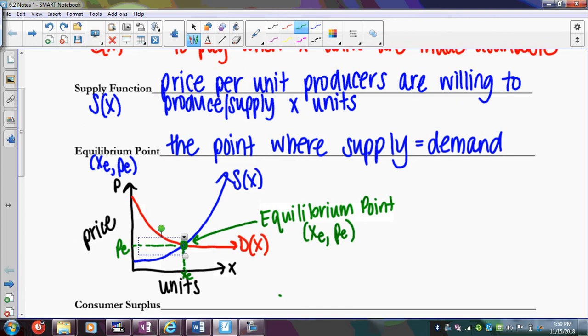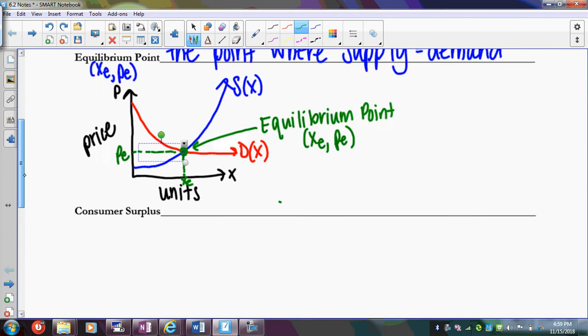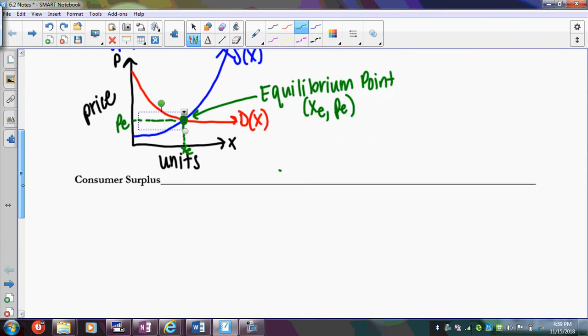So if we start talking about consumer versus producer surplus, consumer surplus is when the consumer benefits. So it's the difference between the amount that the consumer was willing to spend versus how much they actually spent. So it's the amount that they didn't have to spend that they were willing to spend. So let's write that down, and then we'll take a look at what that looks like visually so you can see how this all ties into integrals.